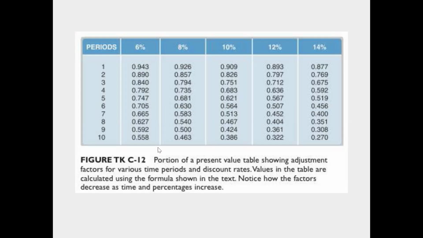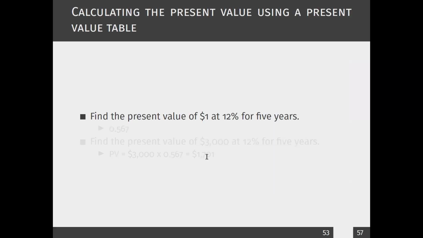We have discussed how to calculate the value. The idea is you start from looking at the present value for $1 with the interest rate. Assume that you are trying to find the present value for $1 with 12% for 5 years.